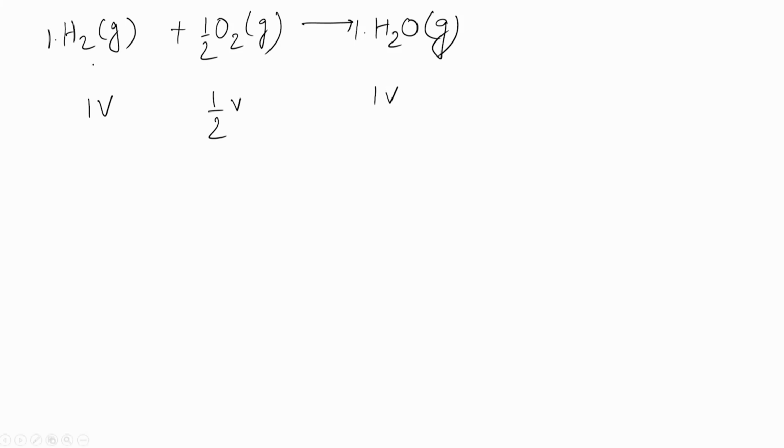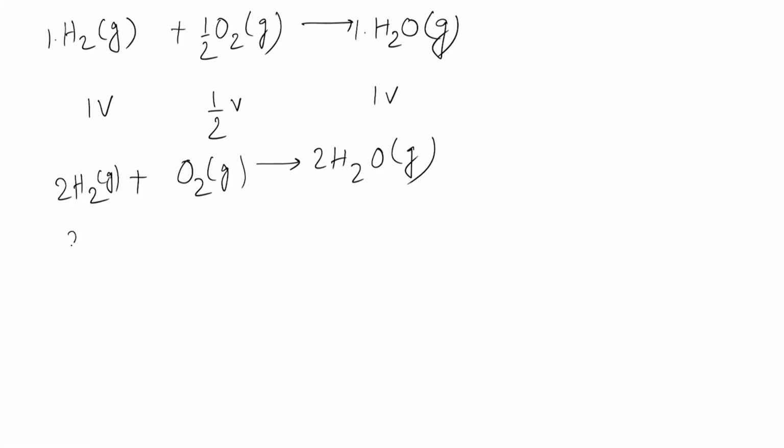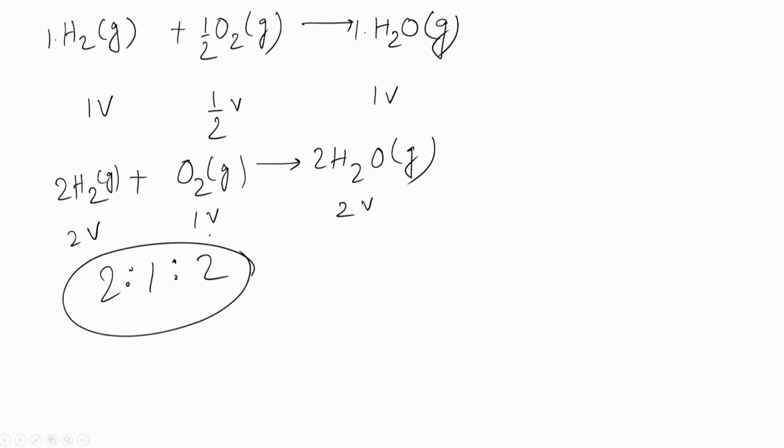Now we can also simplify this reaction as 2H2 plus O2 gives 2H2O. In that case, the volume will be written as 2 volumes of hydrogen plus 1 volume of oxygen forms 2 volumes of water. So, the ratio of the volumes are 2:1:2. So, this is a simple ratio of volume.